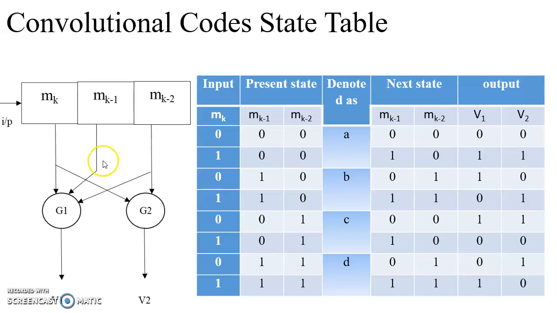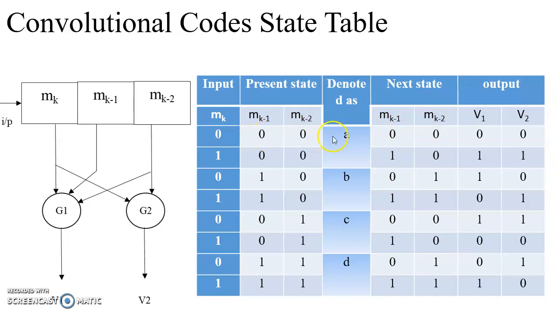We are now moving on to the convolutional code state table. That means from the encoder, we have to design our state table. This is very easy. MK is the input. MK minus 1 and MK minus 2, as discussed earlier, are the states. Here they are written as present state and here they are written as next states.